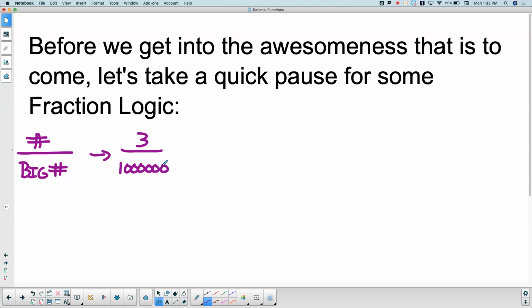So I took a number and I divided it by a bigger number. What's that going to be? It's going to be a really small number, right?